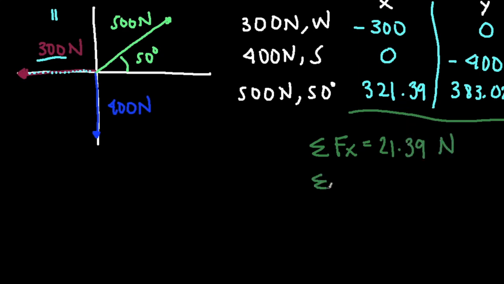And then for the summation of all the F of y's, we have negative 400 plus 383.02. We have negative 16.98. Okay? All right.